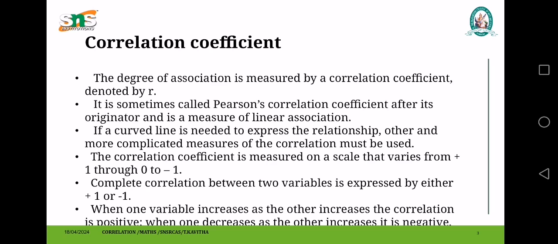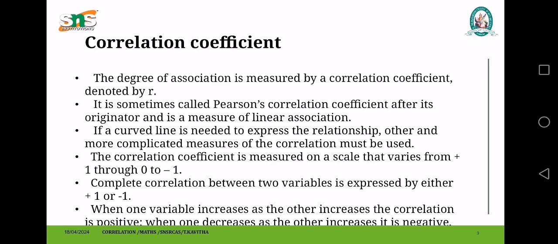Correlation coefficient. The degree of association is measured by the correlation coefficient, denoted by r or gamma. It is sometimes called Pearson's correlation coefficient after its originator, and is a measure of linear association. If a curved line is needed to express the relationship, other and more complicated measures of the correlation must be used.